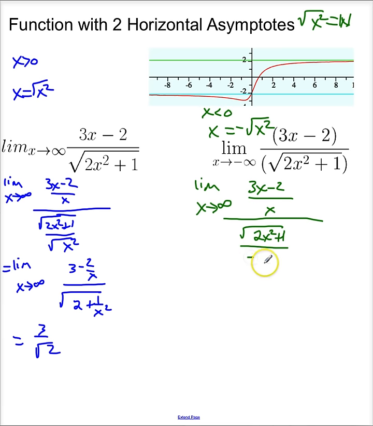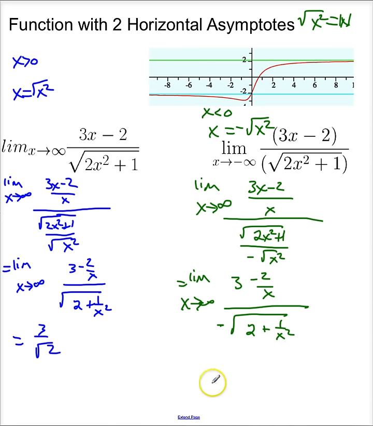So we have a negative square root of x squared. Now I'm going to rewrite this as the limit of 3 minus 2 over x divided by, I'm going to leave this negative sign out there, the square root of 2 plus 1 over x squared, so that hasn't changed at all.